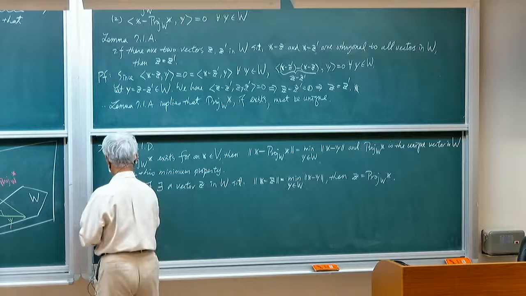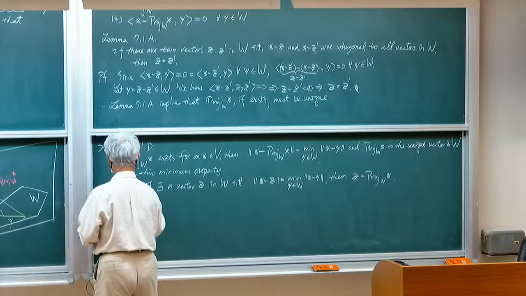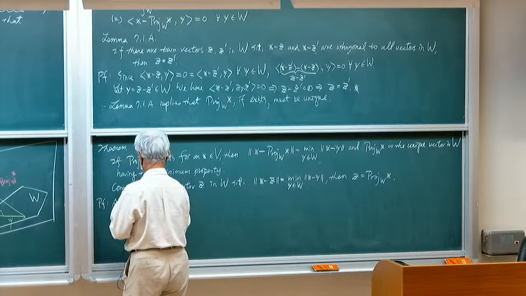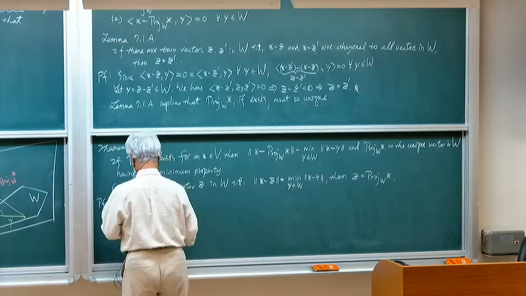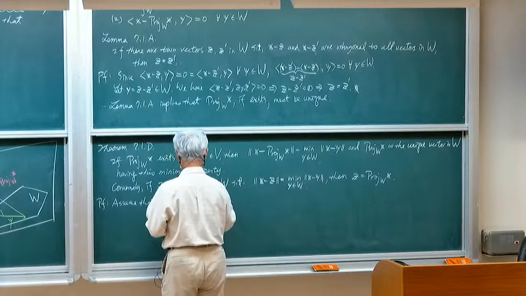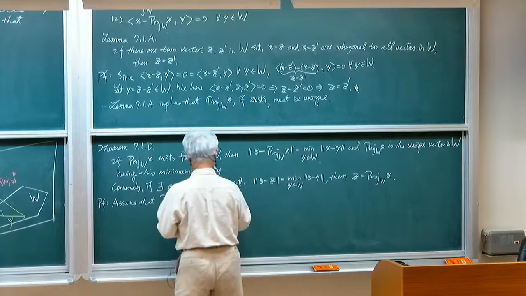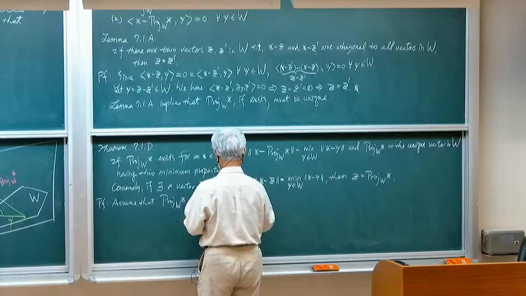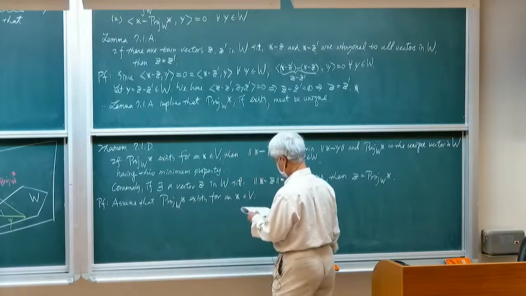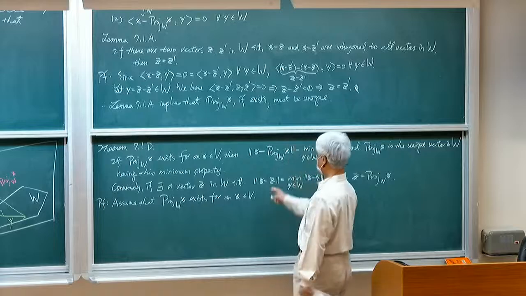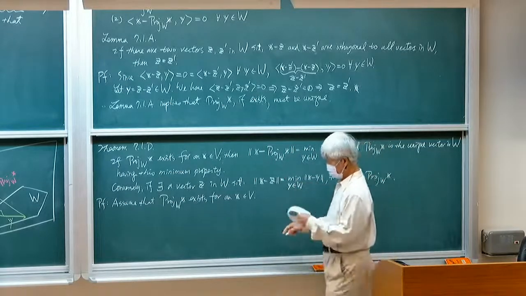All right, so first we assume that the projection, orthogonal projection, exists for an X in V. Okay? Now we will prove that it will.